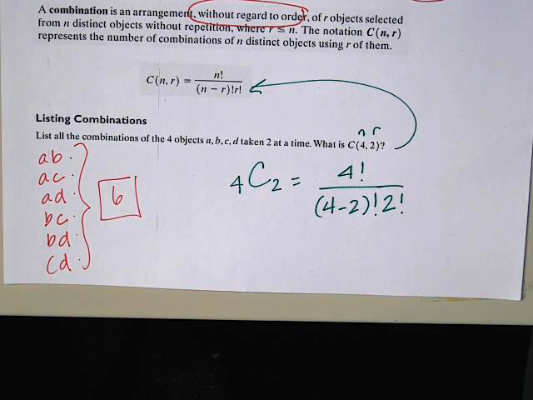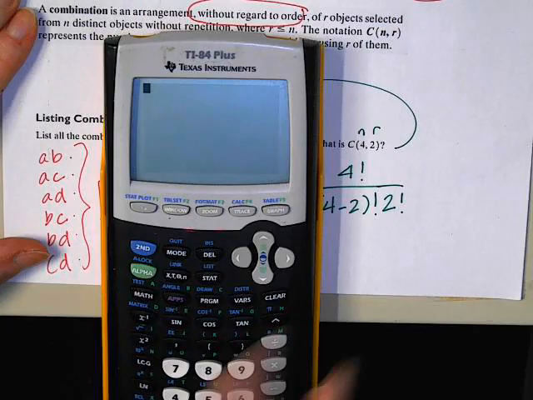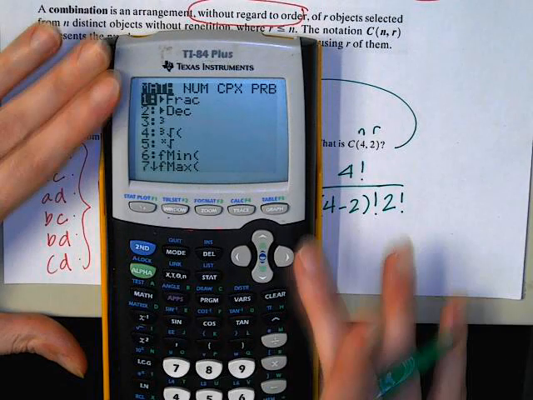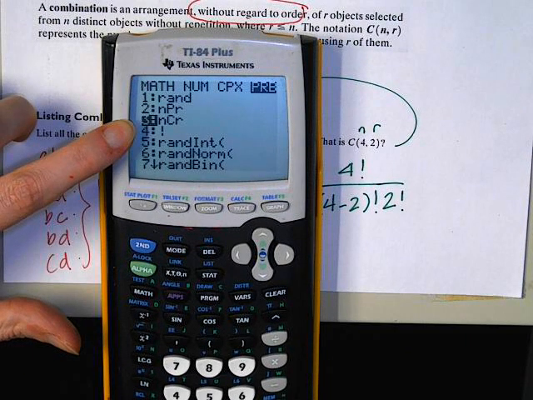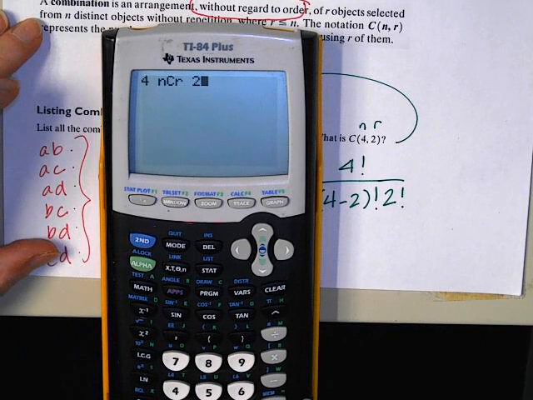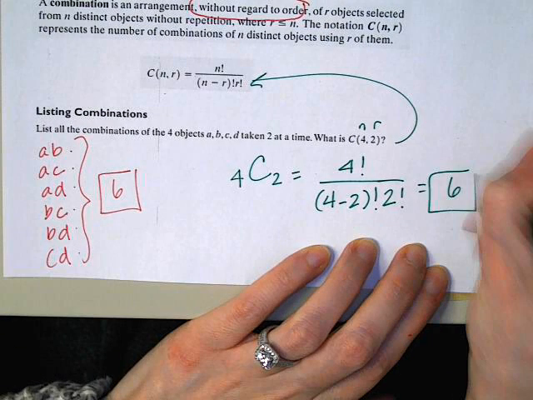Either way you want to do it, hopefully we get 6, but let's see. So 4, go to math probability, option 3 now, because this is a combination. And then we're hitting 2, and you get 6. All right, so a lot of ways to do these problems.